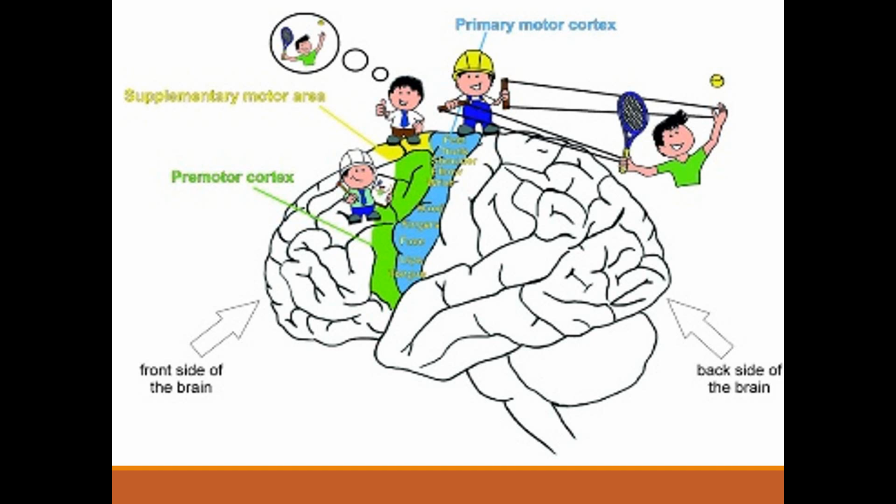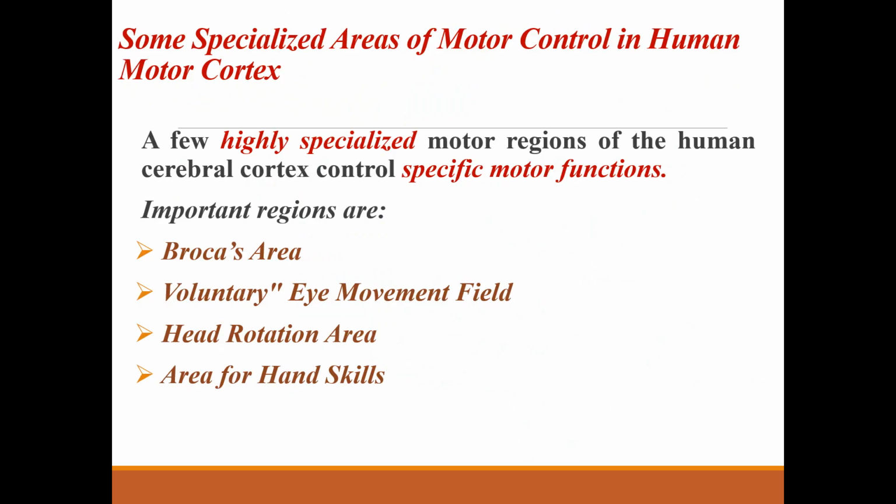So you can see how these three areas are working in collaboration, in coordination, in order to have the synchrony, the balance, as well as the exact coordination of the movements.